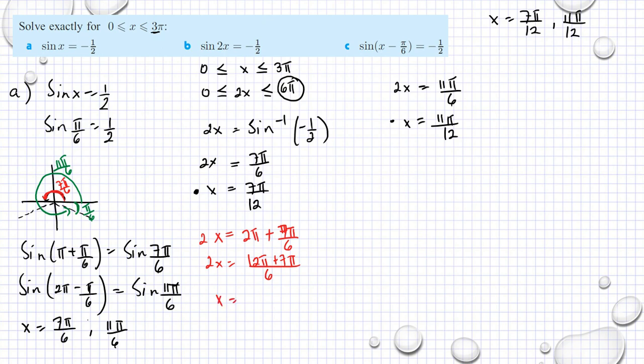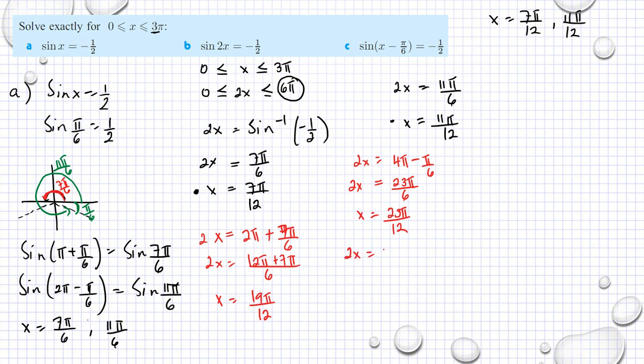If we divide both sides by 2, then we have 19 pi divided by 12. And next, we have 2x is equal to 4 pi minus pi divided by 6. It's also alright to use 2 pi plus 11 pi divided by 6. I will show you later. I have 2x is equal to 24 minus 1, we have 23 pi divided by 6. So our x now is 23 pi divided by 12.